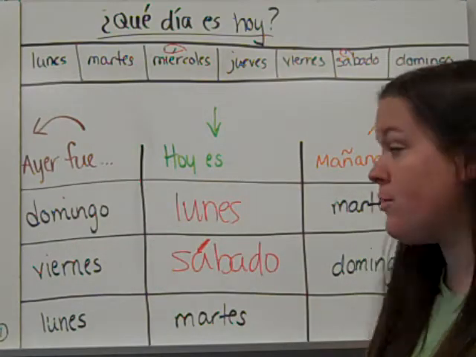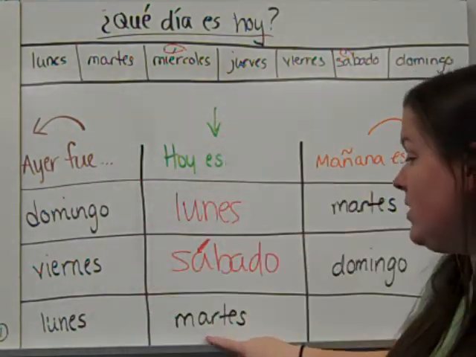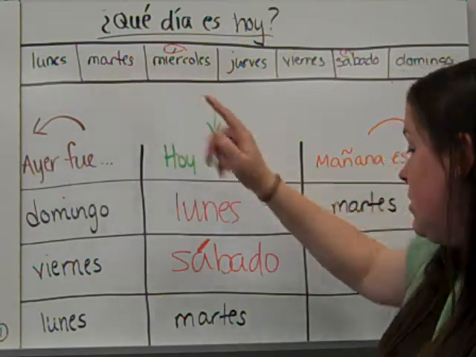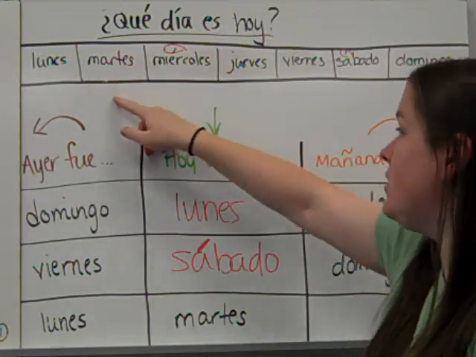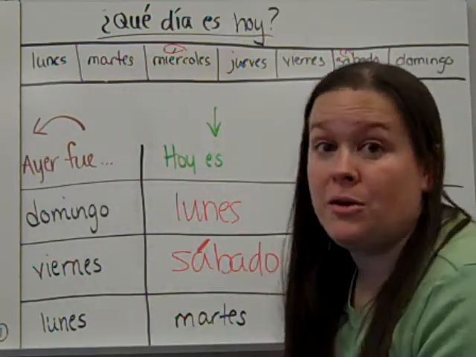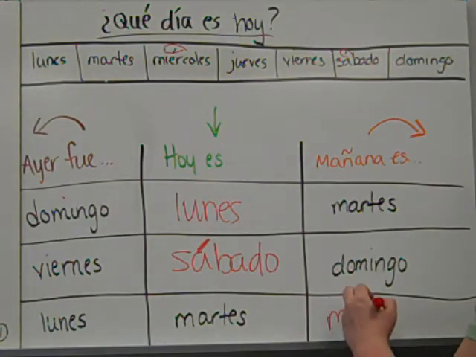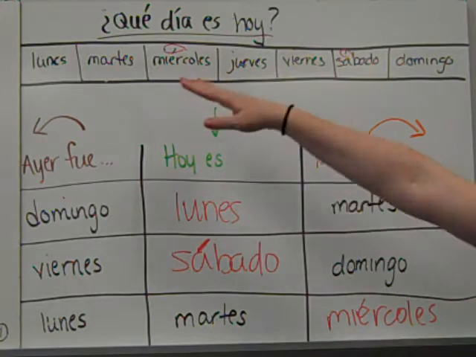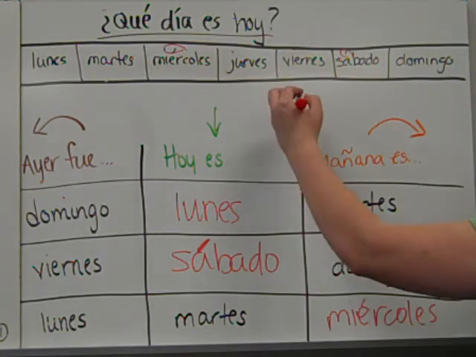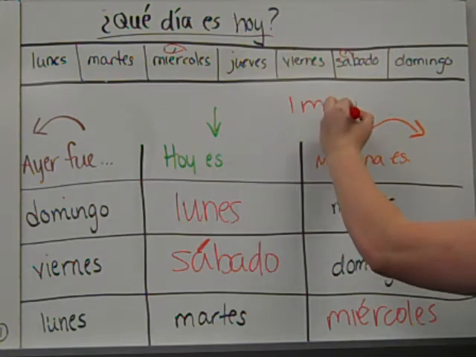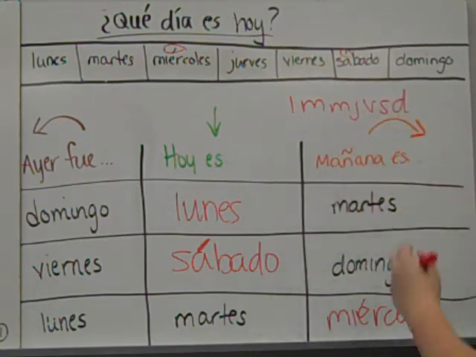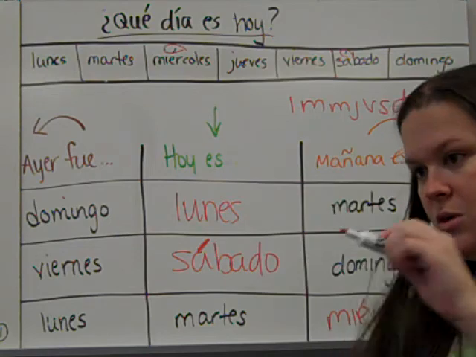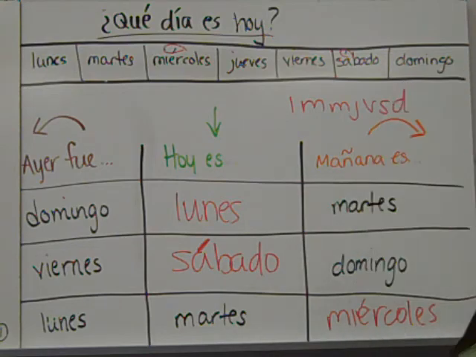Yesterday was Monday. Ayer fue lunes. Hoy es martes. Mañana es miércoles. So it's a pretty easy way to figure out, maybe jot your letters down. Lunes, martes, miércoles, jueves, viernes, sábado, domingo. And then on a quiz or something, you could have that ready to go.